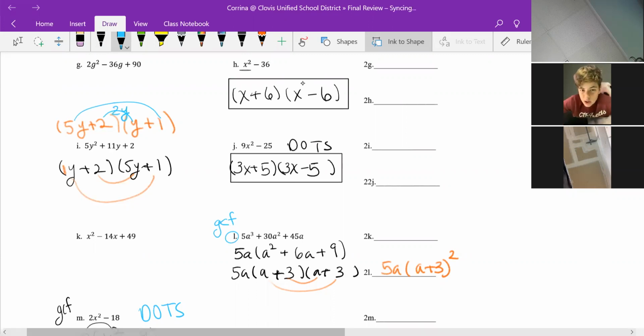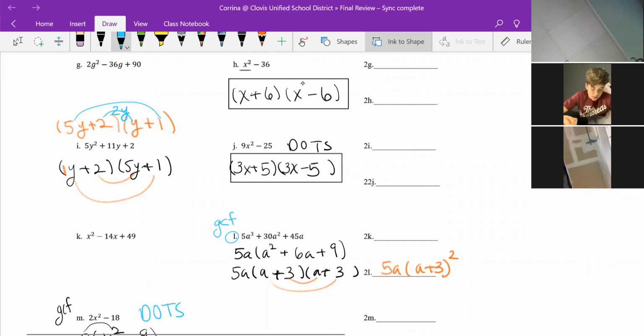What's 5y times 1? 5y. And you add those together. What's 5y plus 2y? 7y. Is that the middle term? No, so that's not the right one. You do have to check this one though. What does the inside give you? What's 2 times 5y? 10y. And then plus 1y. Yes, so that is 11y.